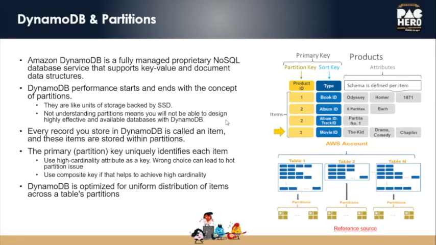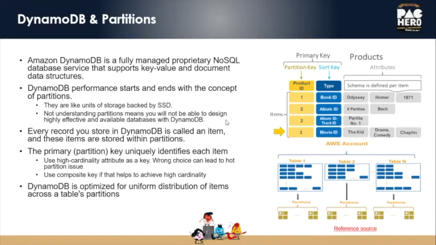Now, the way DynamoDB stores the items is using a primary key. The primary key can be either a partition key or a composite key. The partition key is the one that decides which partition that item needs to go into. Also, you want to make sure you select a partition key which has a high cardinality attribute.